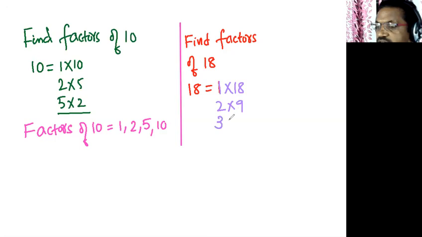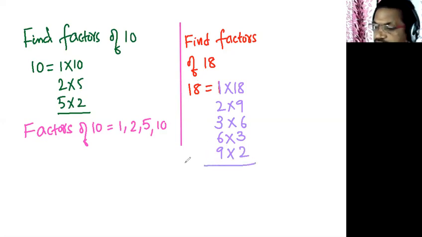By the 3 table, 3 6s are 18. 4 does not divide 18. 5 does not divide 18. 6 divides 18, so 6 3s are 18. Now 7 does not divide 18. 8 does not divide 18. 9 divides, 9 2s are 18. Now you can stop the process and write the factors of 18.